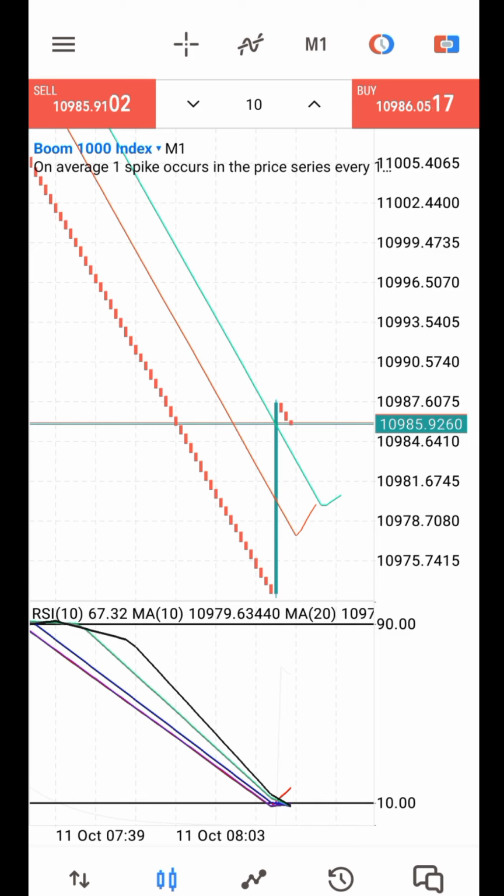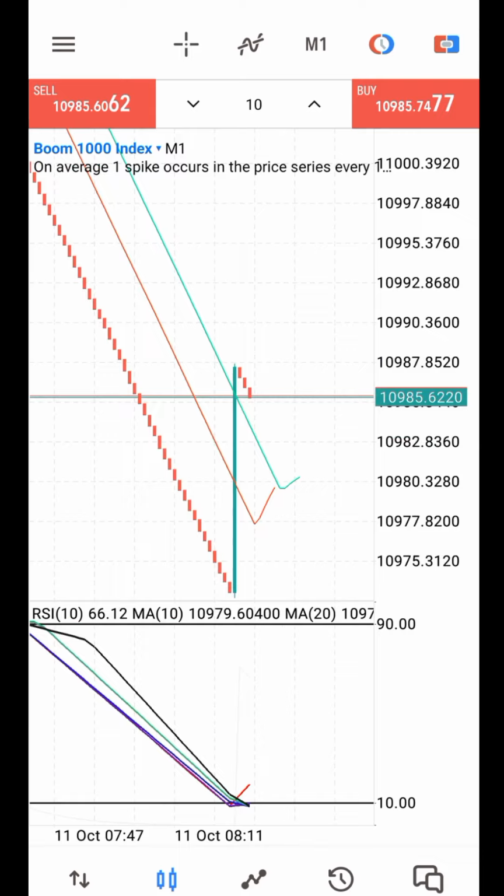Trading is all about lots, but have it in mind that the bigger the lot size, the higher the risk you are taking. No matter how big your lot size is, it should be under the amount of money you can afford to lose. Let's have that mindset.